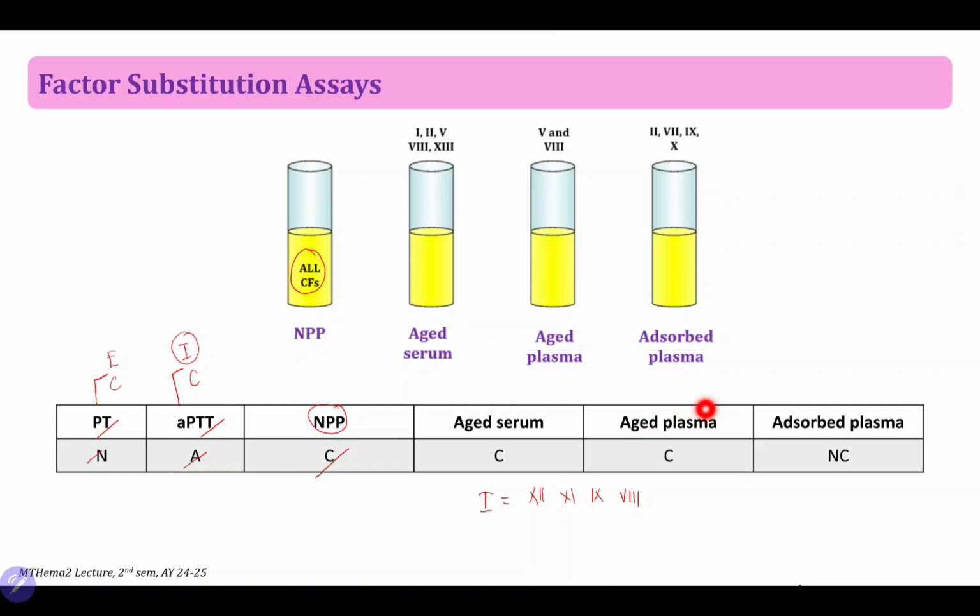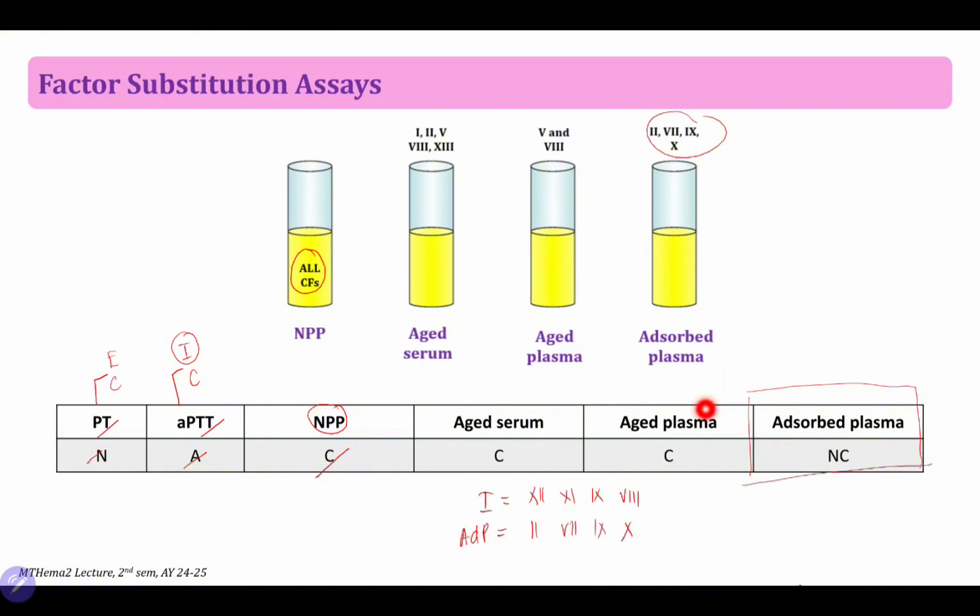Okay, next, on the next set of reagents, you're going to look now at the not corrected. Okay, ang not corrected natin ay si adsorbed plasma. Okay, now ano kasi ang mga factors na hindi present or absent kay adsorbed plasma? These are your factors 2, 7, 9, and 10.